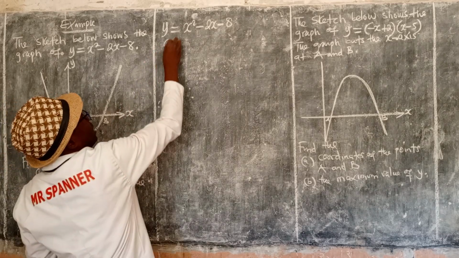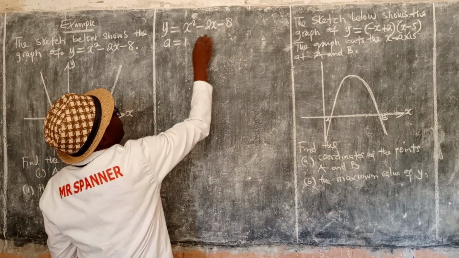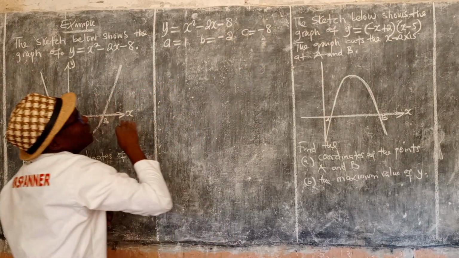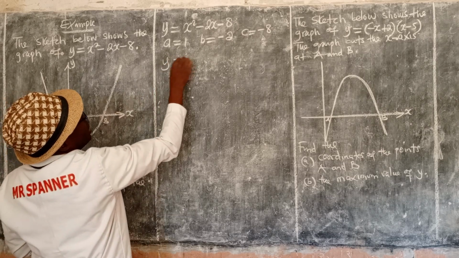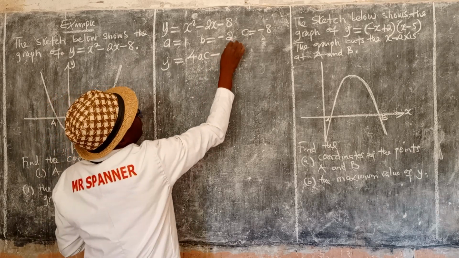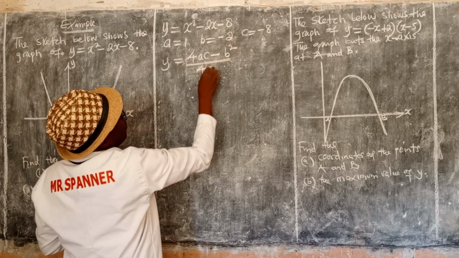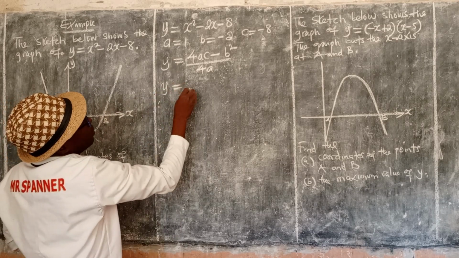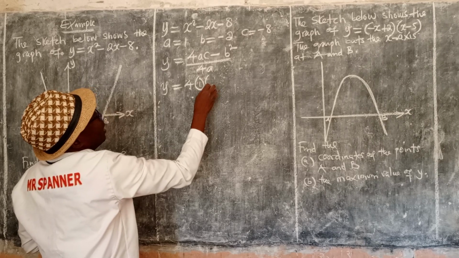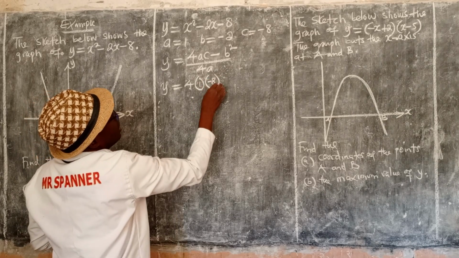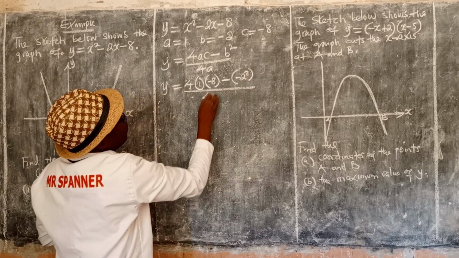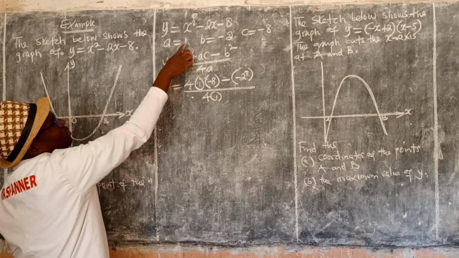So we have a is 1, our b is negative 2, and our c is negative 8. So our minimum will be y is equal to 4ac minus b squared over 4a, which is y is equal to 4 times our a, 1, times our c, negative 8, minus negative 2 squared, over 4 times 1.